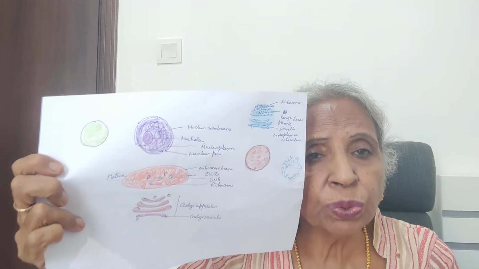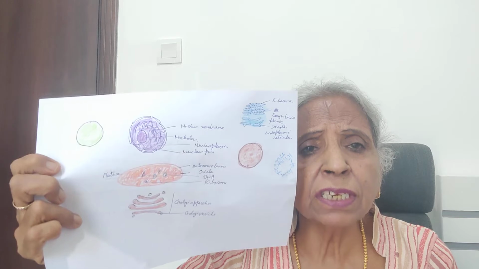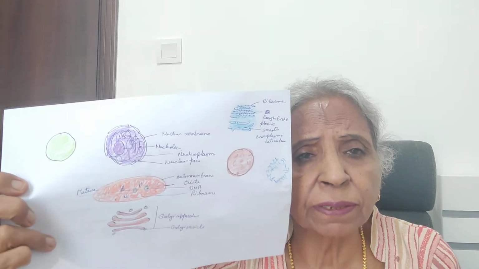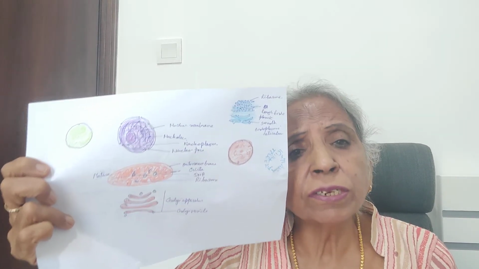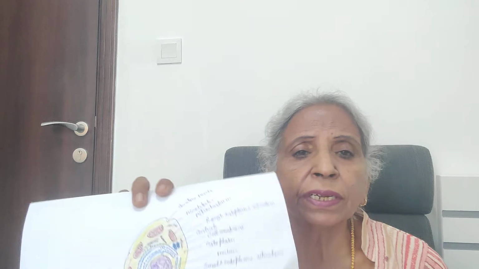This ATP is used in the cell for various processes, that is synthesis, breakdown, digestion, and also the mechanical movements of the organism. These mitochondria are much more numerous in animal cells but fewer in plants.